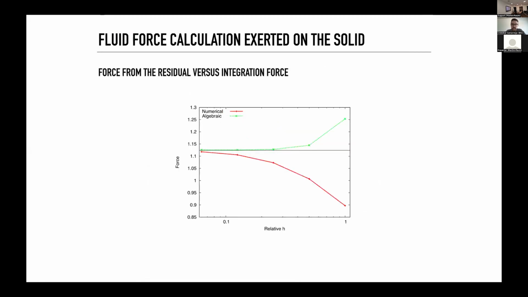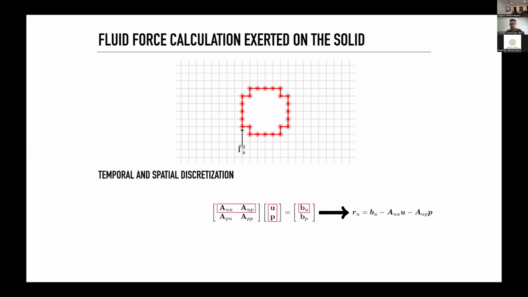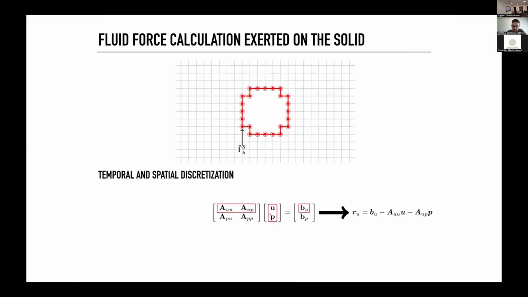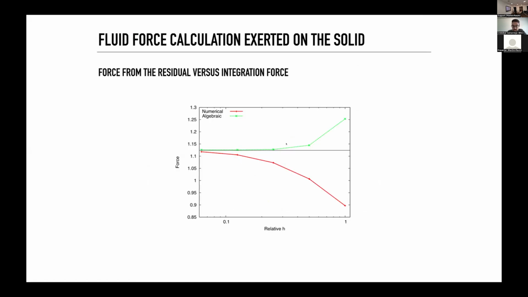The reason to use this kind of residual instead of, for example, integrating, which is a more direct solution, is that, as we can see in this very simple example, the green line that represents this way of calculating the force imposed on the solid reaches the real force much faster than integrating, which is represented by this red line.